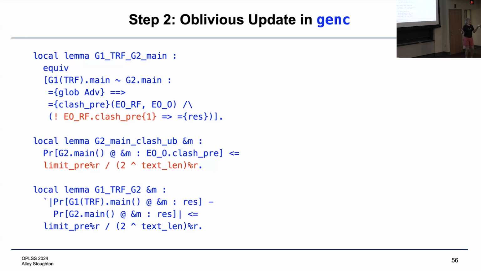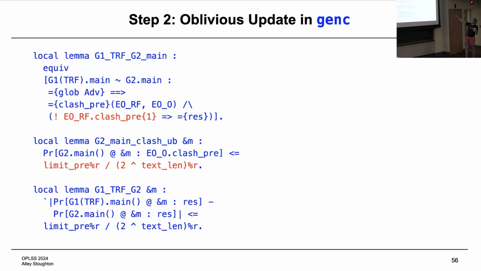So either we had a clash in one or not. And then we're saying, well, if the clash did not happen in either, then actually the results end up being the same, probabilistically the same.